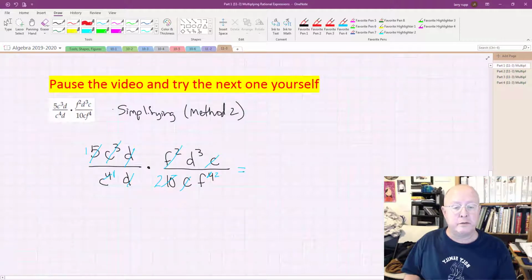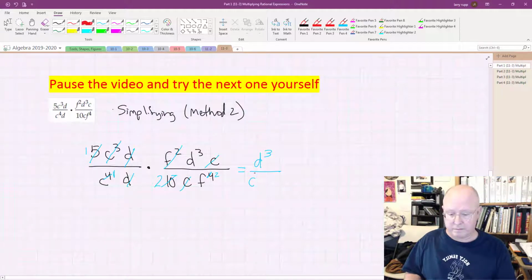So ultimately what you're left with is, well, here's a 1, the C's are gone, the D's are gone, the F's are gone. All you're left with is D to the 3rd power over, well, there's a C to the 1, okay, so there's a C, and this D is gone. There's a 2. The C is gone here, and there's an F to the 2.